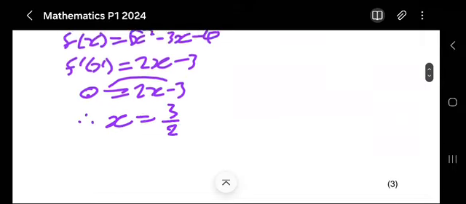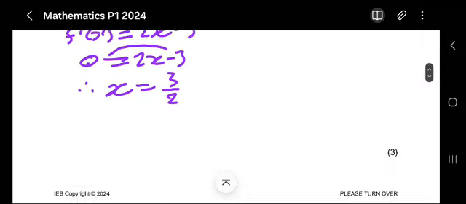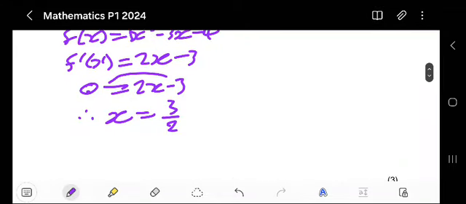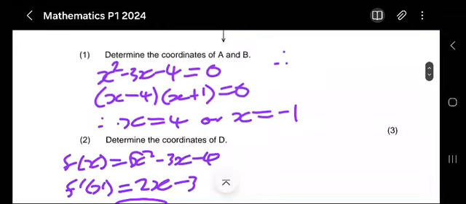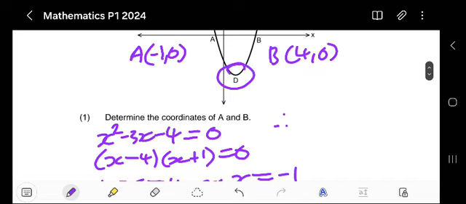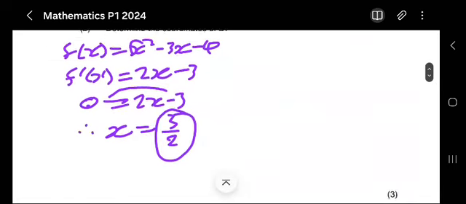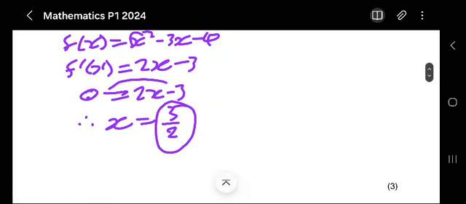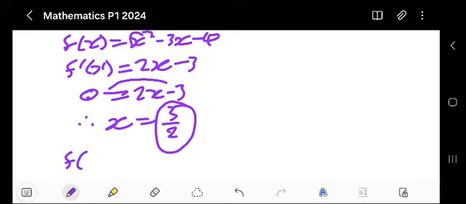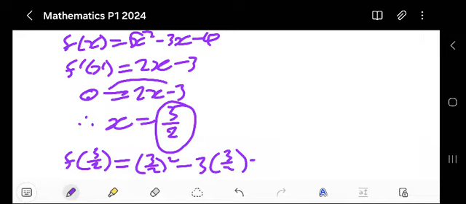Then remember they want the coordinate. Let's find the value of y. We substitute this into the original formula. Say 3 over 2 squared from the original formula, minus 3 times 3 over 2, minus 4.